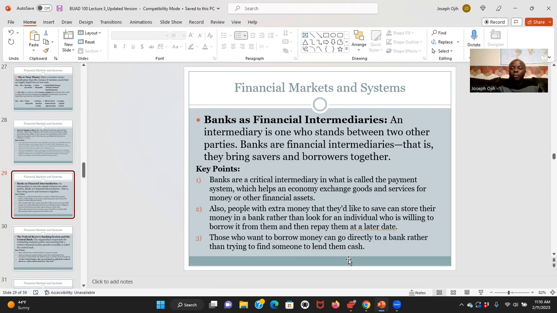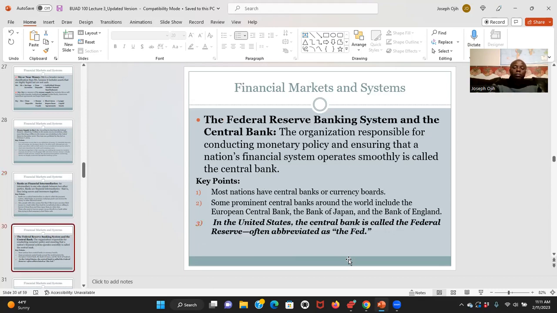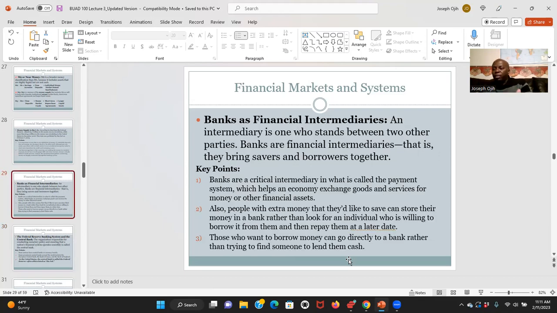People usually store their money in the bank so that those who want to borrow the money can go to the bank or apply for credit cards. So serving as a financial intermediary makes it easier and faster for people to borrow money.